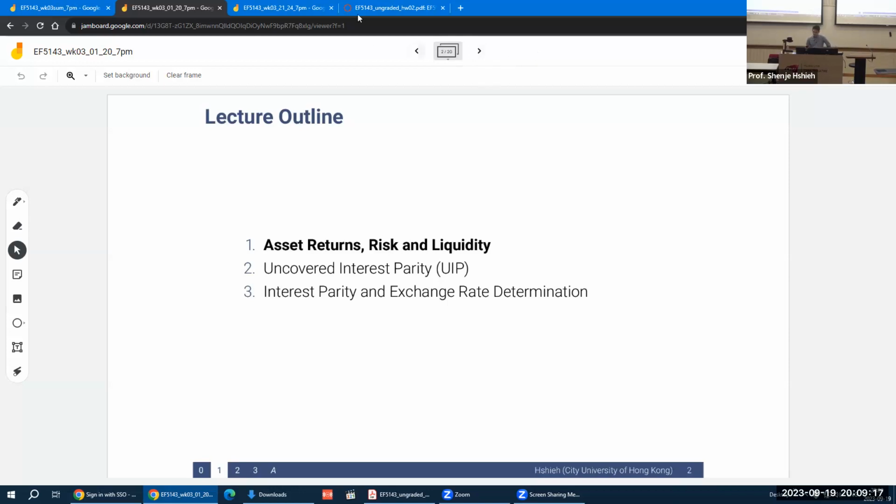All right, so once we impose a couple of assumptions, we will end up with what's called the uncovered interest rate parity. It's called uncovered because after imposing those assumptions, there's no need to engage in a forward contract. And so you are intentionally exposing yourself to potential fluctuations of the future value of E. Okay, that's why it's called uncovered.